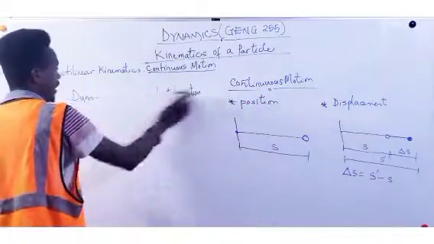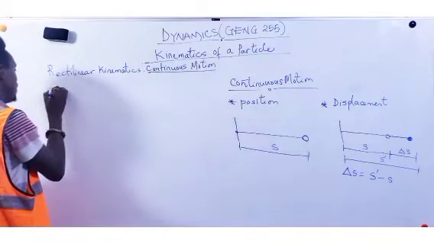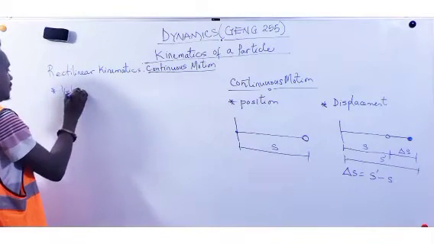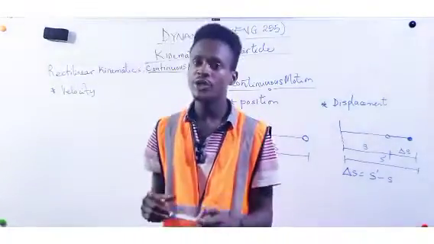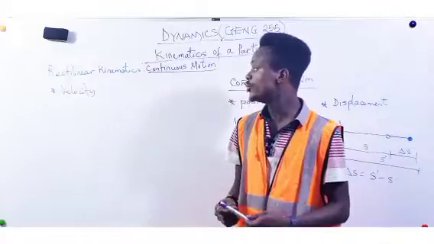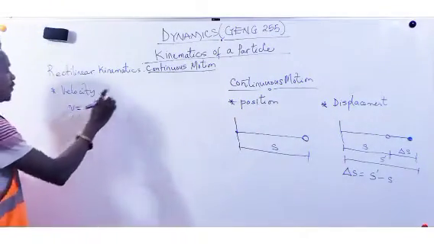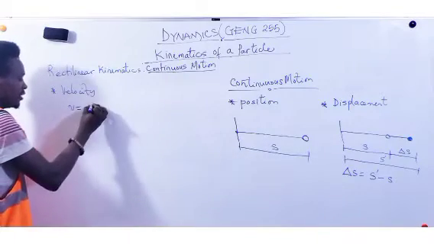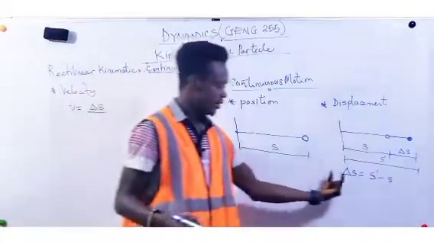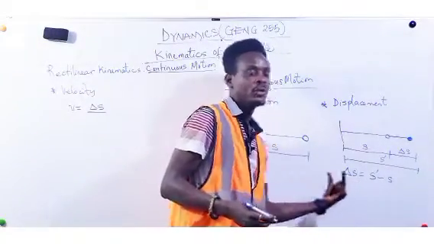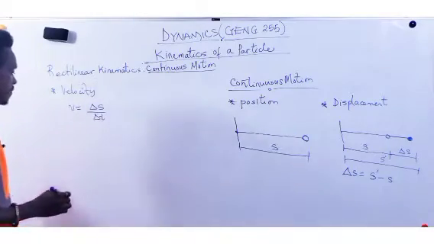Now look at our next continuous motion, which is velocity. Velocity is the ratio of the displacement with respect to time. So velocity v is the ratio of the change in s, which represents our displacement, with respect to change in time.